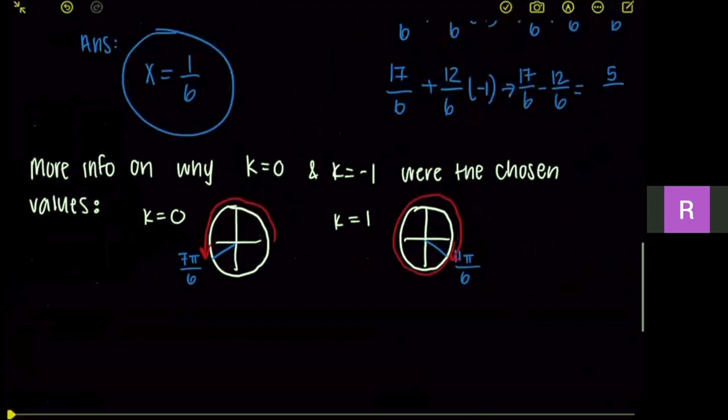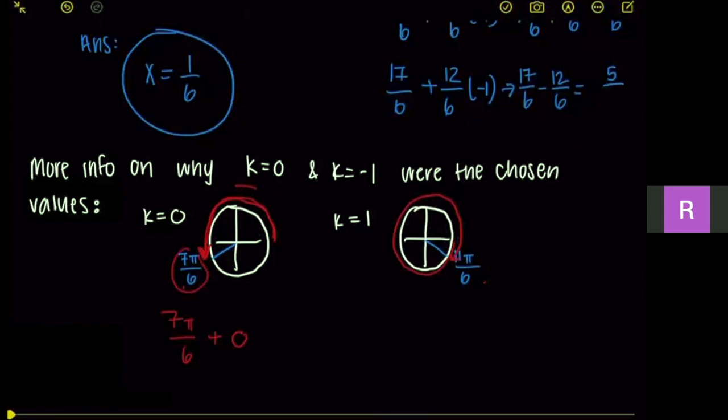Our values are here, 7 pi over 6 and 11 pi over 6. For k equals 0, that means it's just our value of 7 pi over 6, and we're not doing any extra revolutions. So k is equal to 0 because it's just our value, 7 pi over 6 plus 0. And this term here represents the number of extra revolutions.